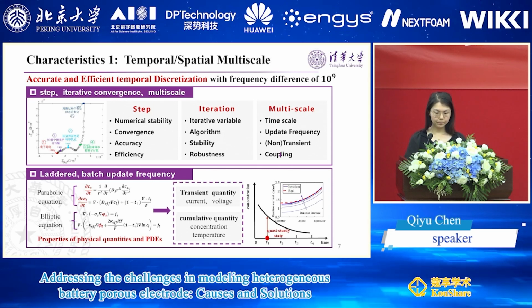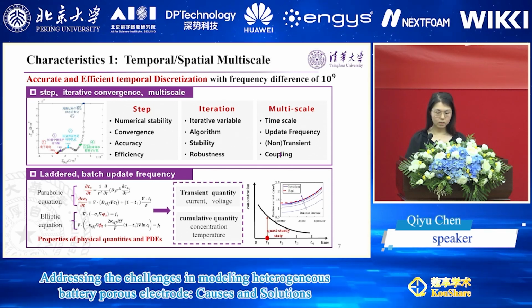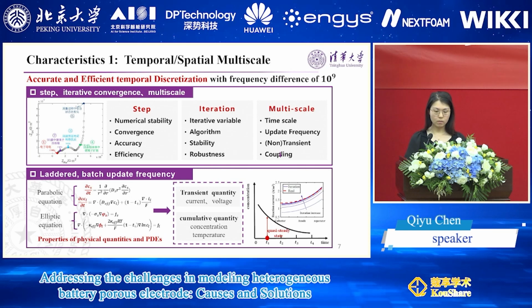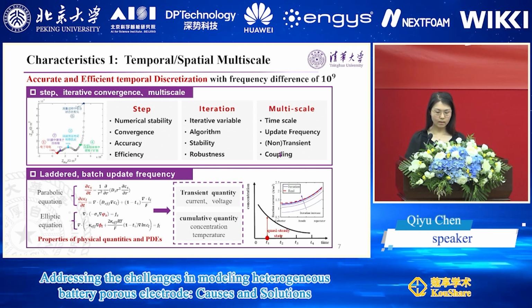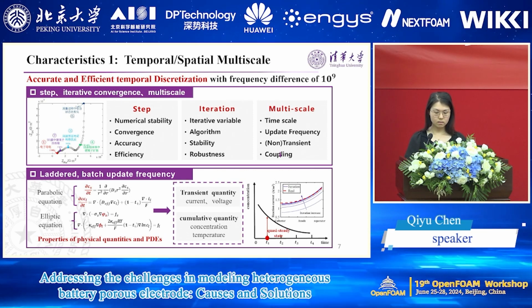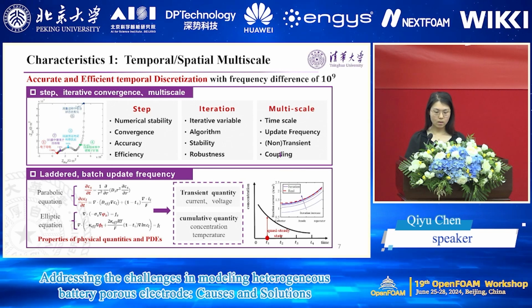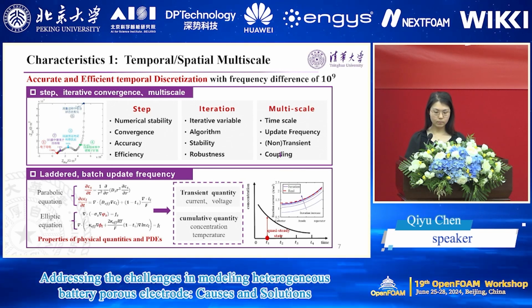Consequently, a batch update frequency approach can be adopted, where transient quantities are iteratively updated with a quasi-steady state, and slow variables are updated progressively over time.